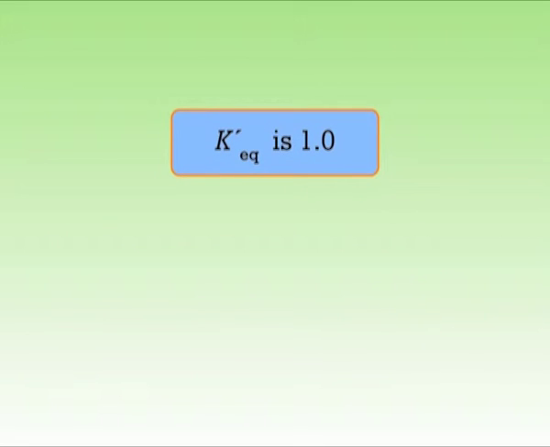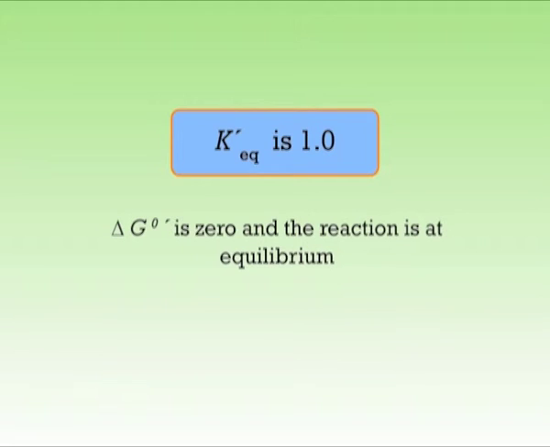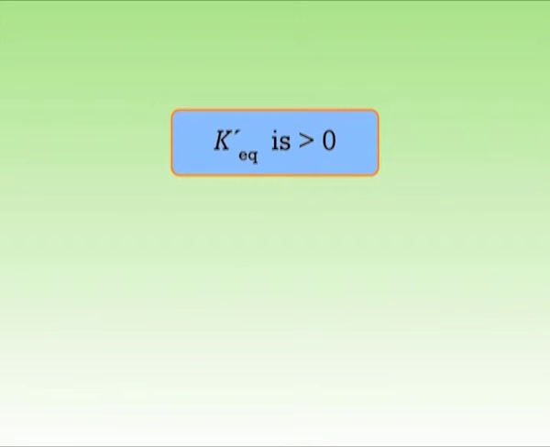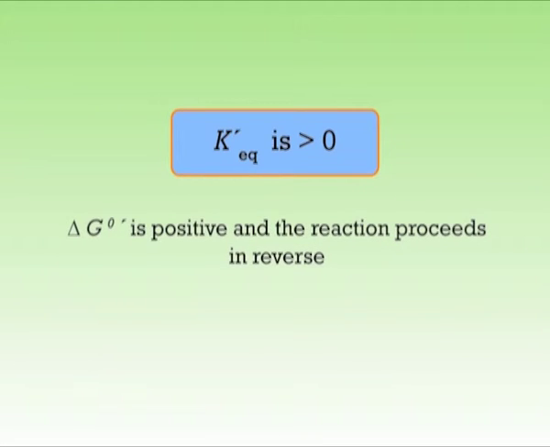When K prime eq is 1, the standard free energy change, delta G naught prime, is 0 and the reaction is at equilibrium. When the equilibrium constant, K prime eq, is less than 1, then the standard free energy change is positive and the reaction proceeds in reverse.